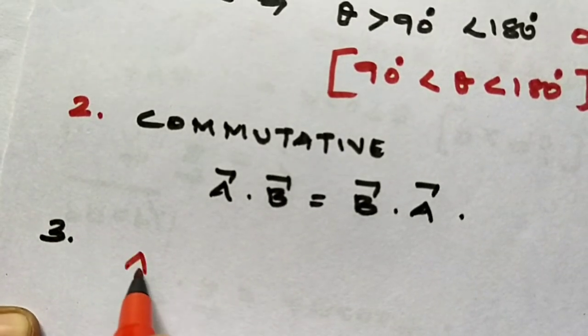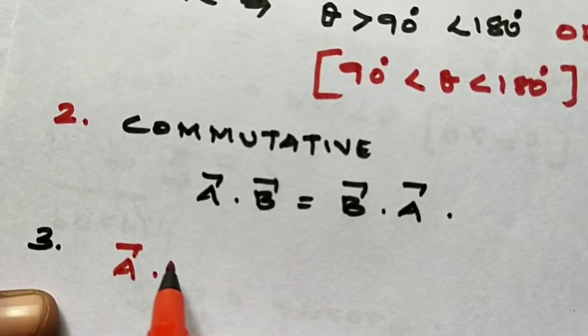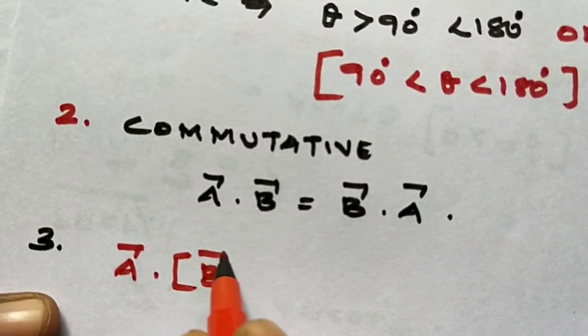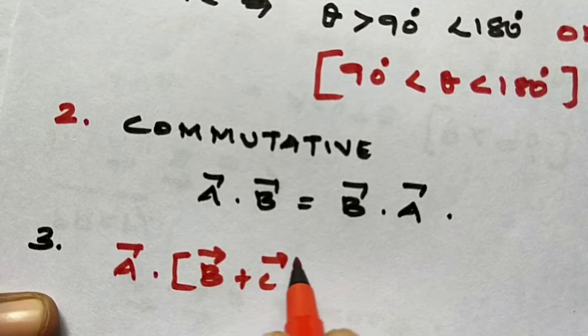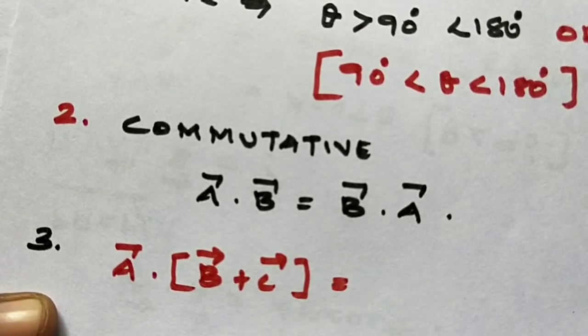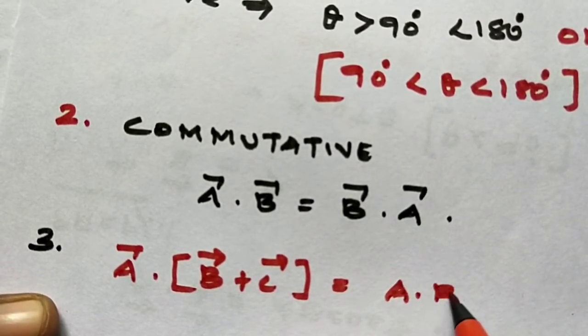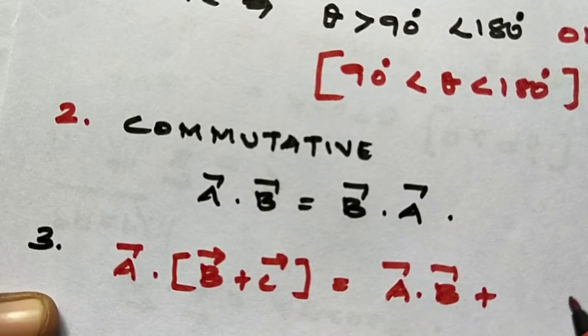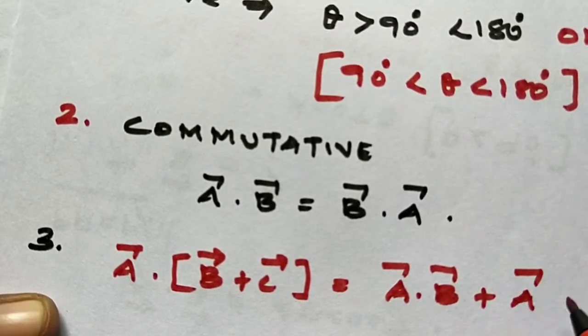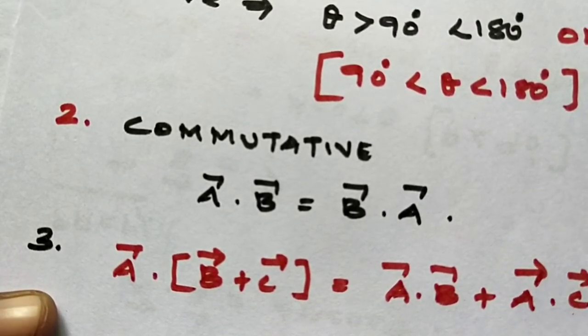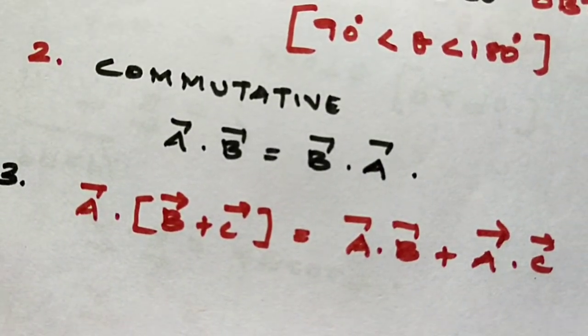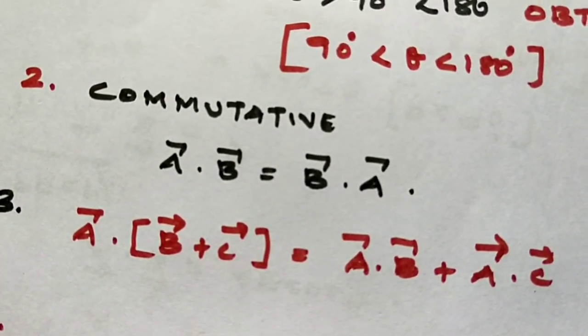That means A vector dot B vector plus C vector is equal to A dot B plus A vector dot C vector. So these are the properties.